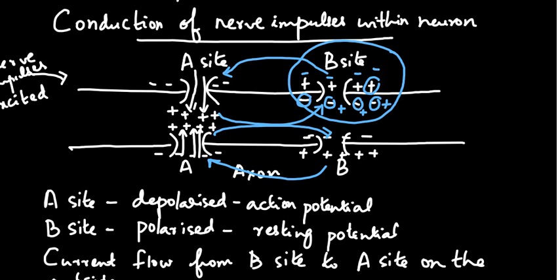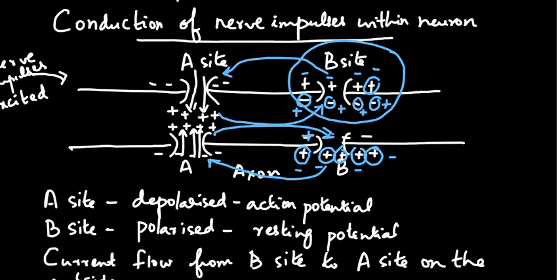Since the current flows from the B site to the A site, the polarity of the B site will now get reversed, whereby the outside will be negatively charged and the inside will be positively charged.